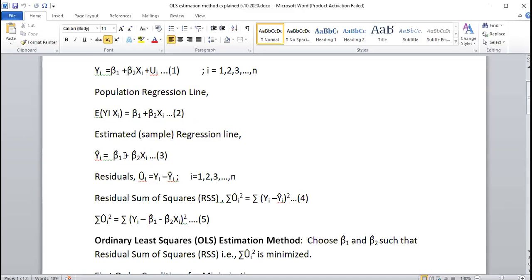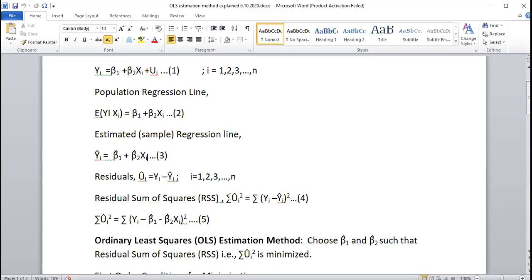Now what is the principle to find this line? The simple principle is called the least squares principle. What are you minimizing here? You are minimizing residual sum of squares. Residual is y minus y hat, actual y minus estimated y.